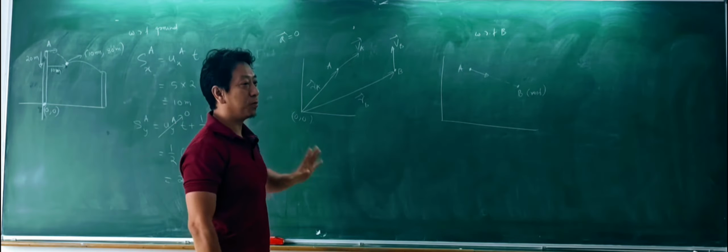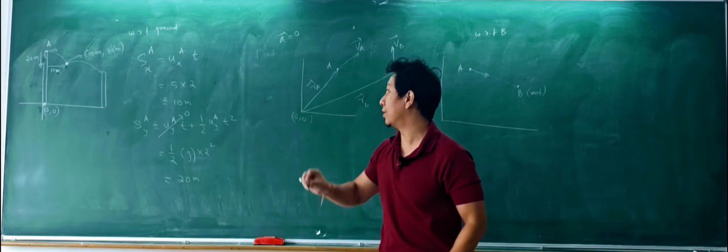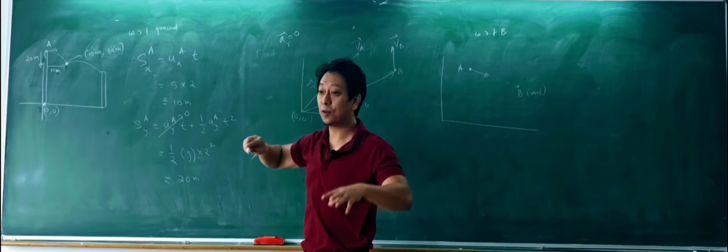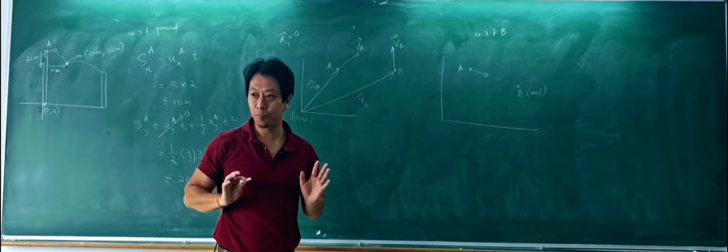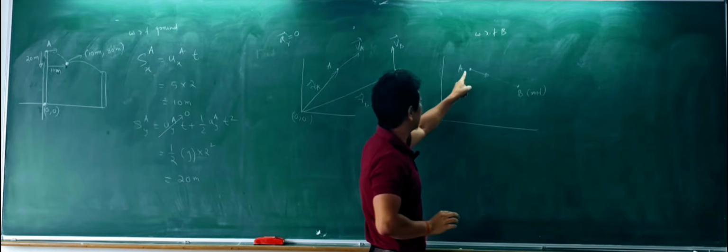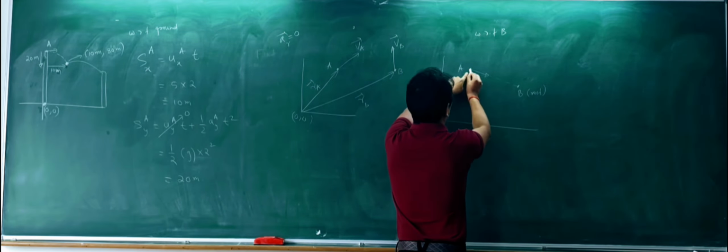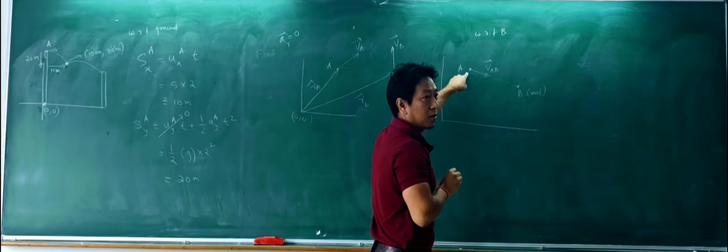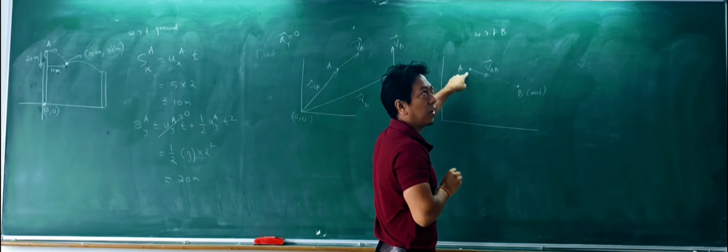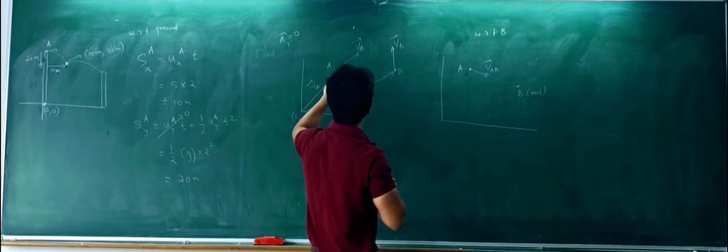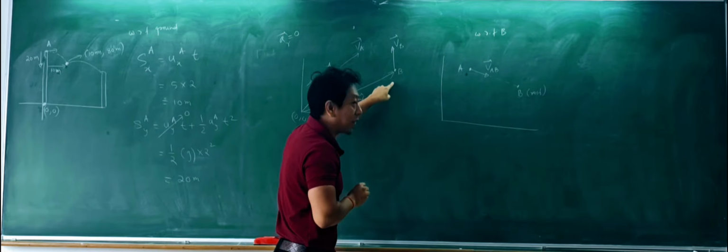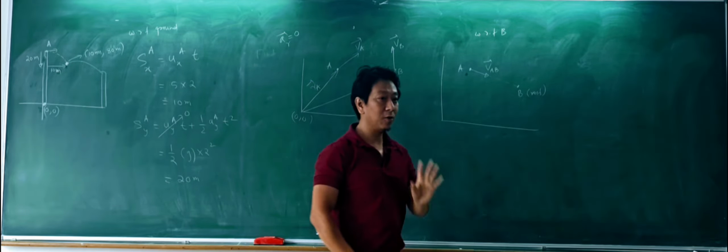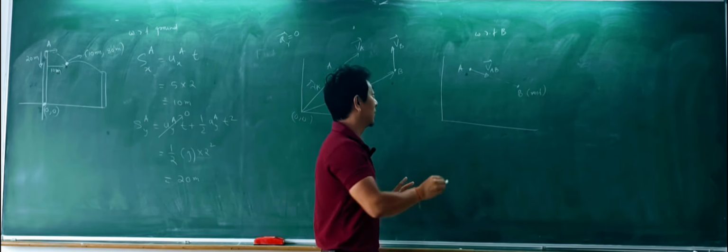But here let us assume relative acceleration is 0, like two projectiles. Then you have to see A coming this way, meaning the velocity of A with respect to B should be along this. Then only they will surely collide.